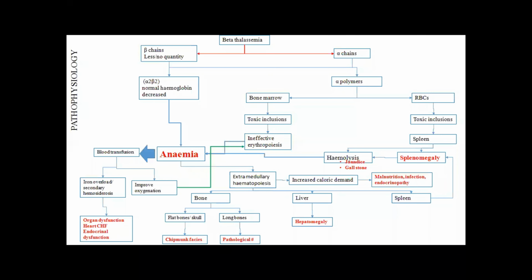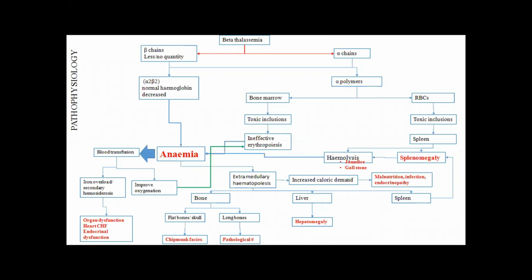So you have to remember one note for anemia: the flowchart converging to anemia is the pathophysiology of anemia in beta thalassemia, and the flowchart diverging from anemia is the manifestation of the effect of this anemia on the thalassemic patient. It looks complicated, but once you understand, it is very easy to remember. And once you remember the pathophysiology, you can easily devise the clinical picture.